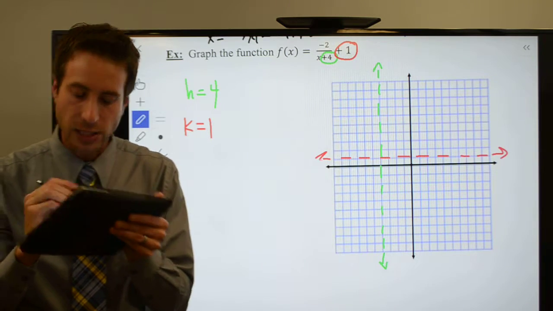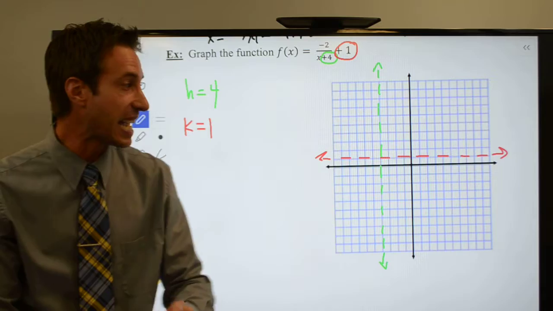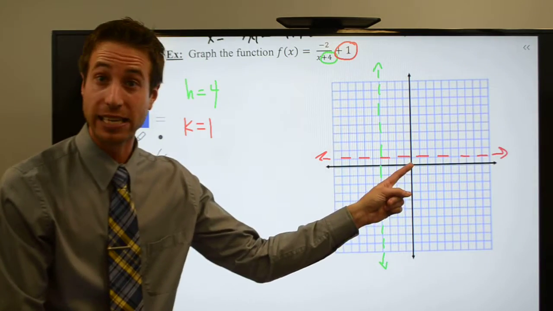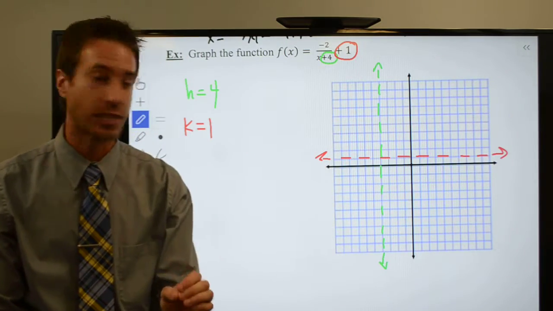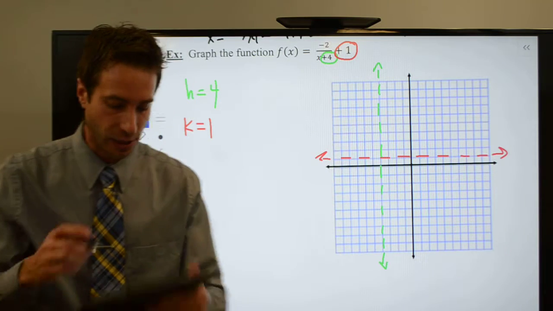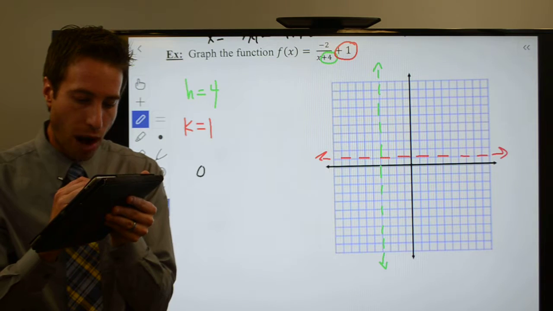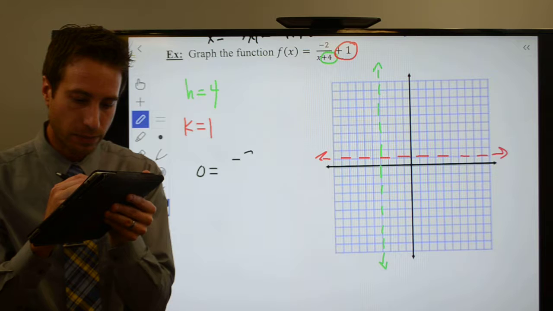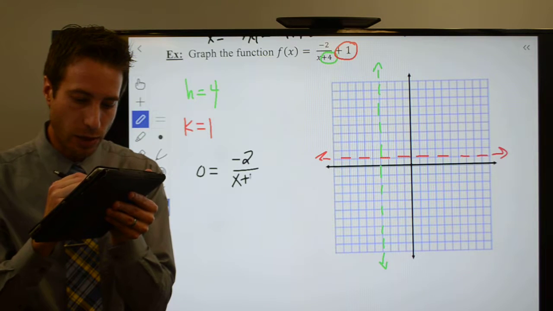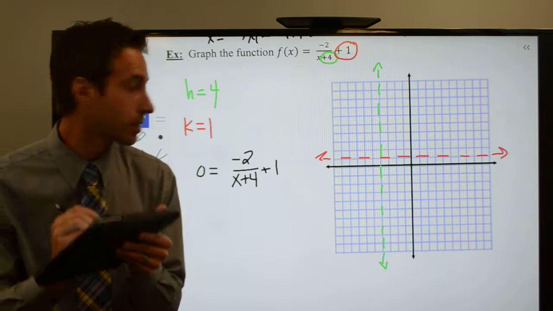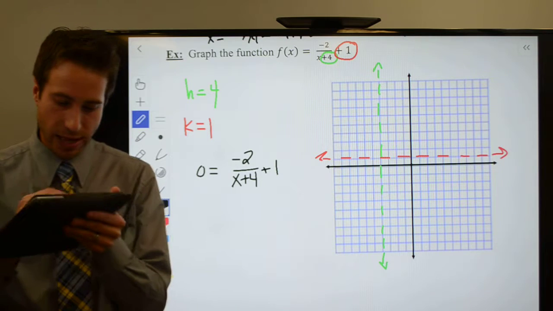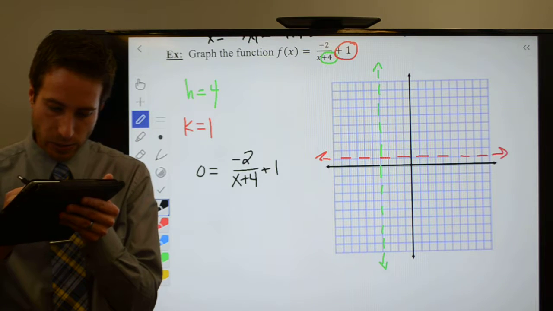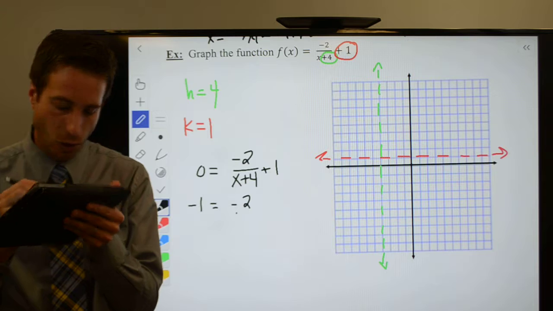All right, I've got some really good pieces, but the last thing I need is where is my x-intercept. Once I know where my x-intercept is, then I can sketch in the rest of the graph. Well, we do that by setting y equal to 0. When y is 0, you cross the x-axis. All right, subtract the 1 to the other side, so negative 1 is equal to negative 2 over x plus 4.